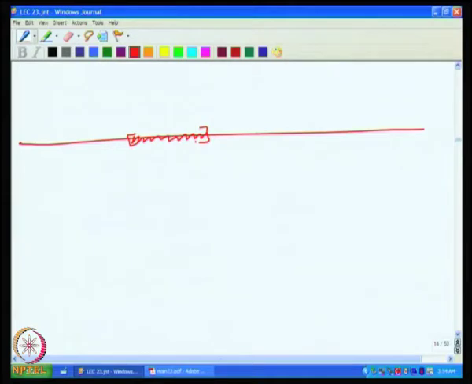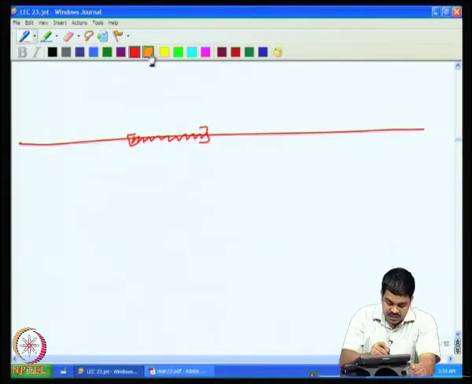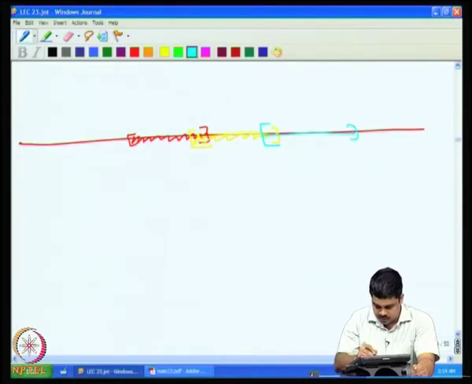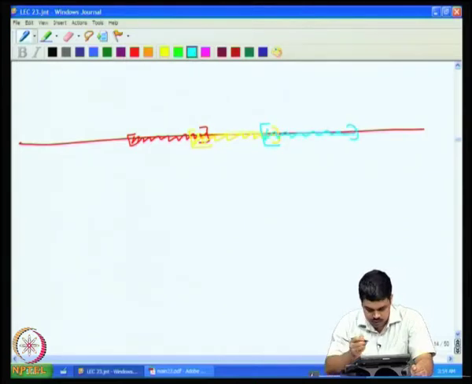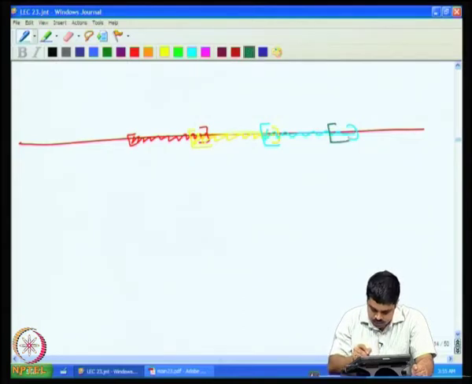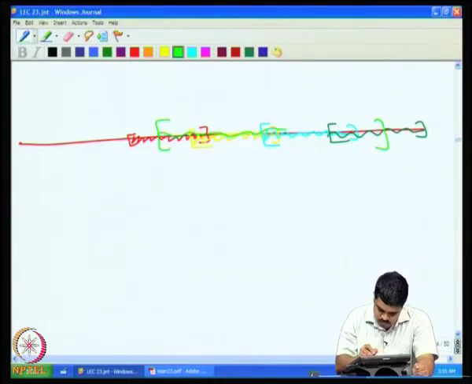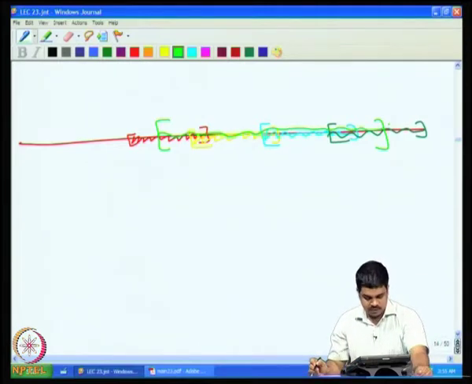Now suppose I have several intervals, a family of intervals in the real line, I just take several colors for this, right. These are several intervals, like this, maybe, there is another one here, right, a family of intervals.